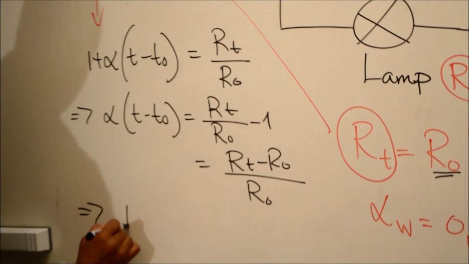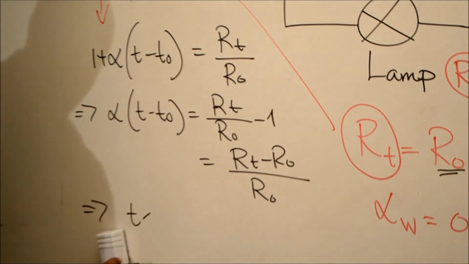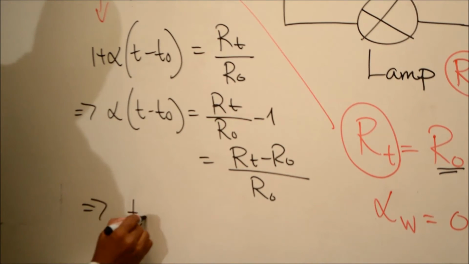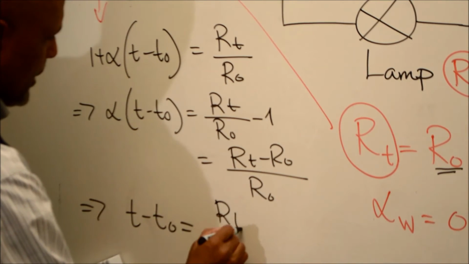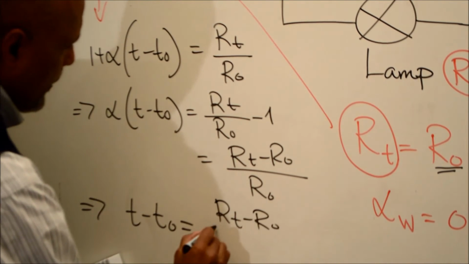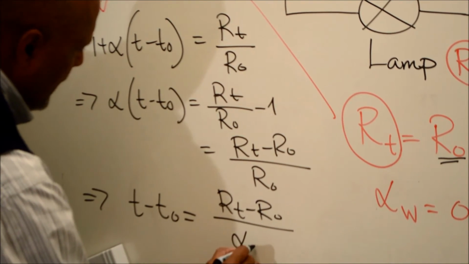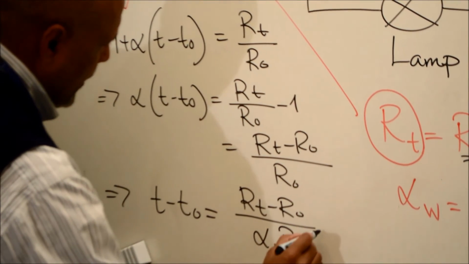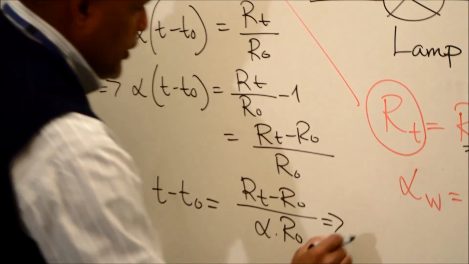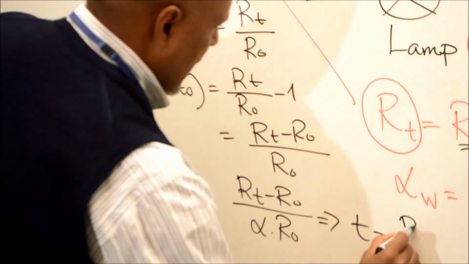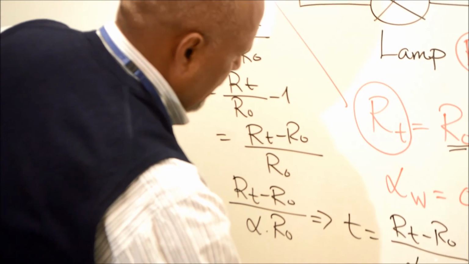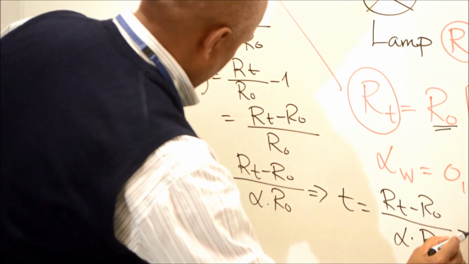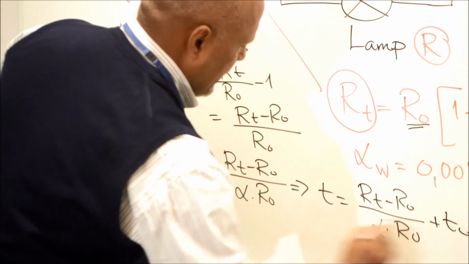Or T minus T0 is equal to (RT minus R0) divided by (alpha R0). Or T is equal to (RT minus R0) divided by (alpha into R0) plus T0.